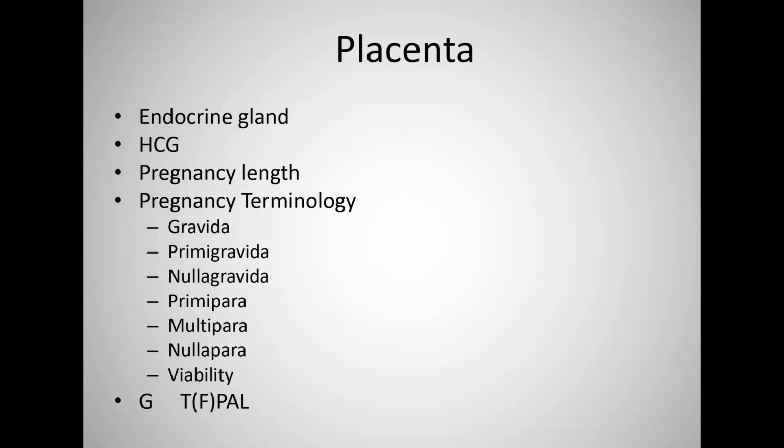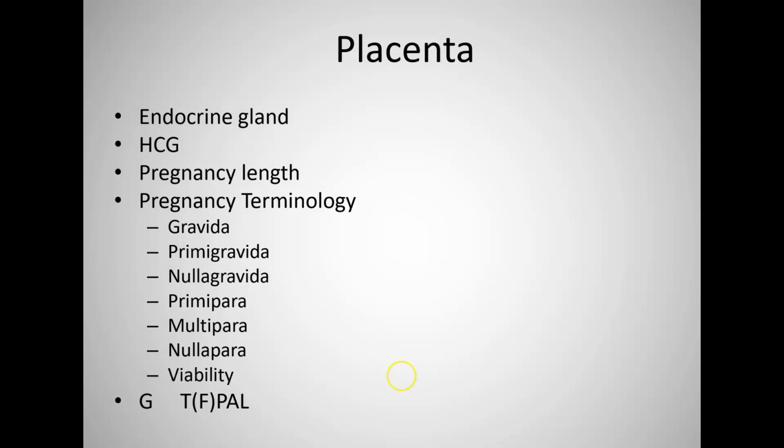Pregnancy is divided into what they call 3 trimesters. The first is the first 12 weeks, the second is from week 13 to 27, and then the third is from week 28 to delivery.